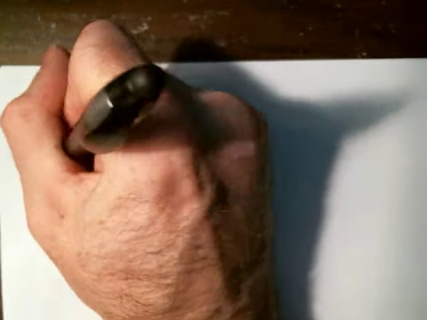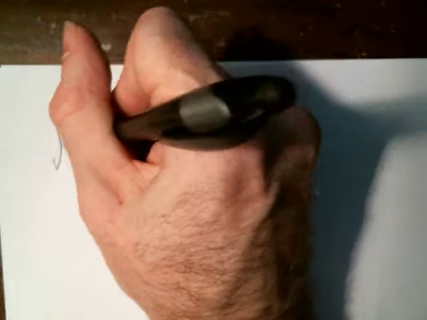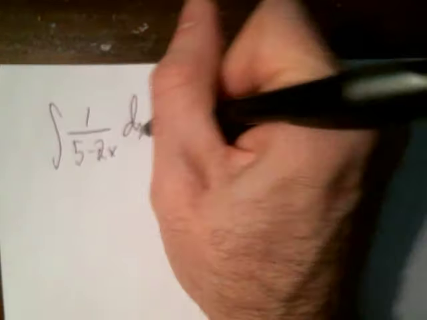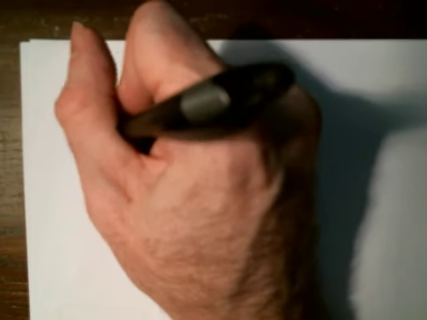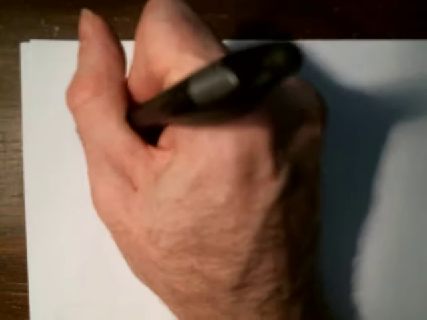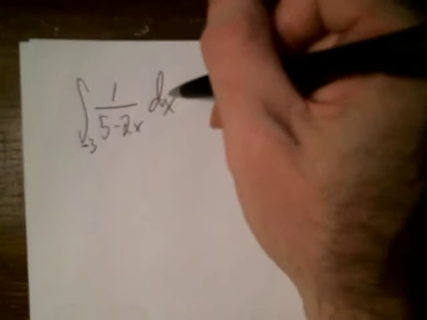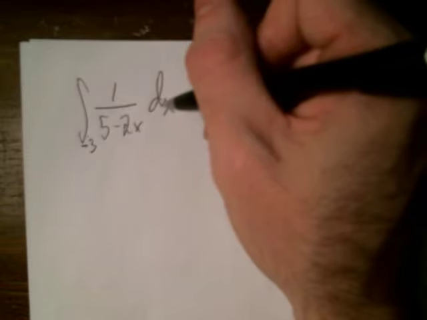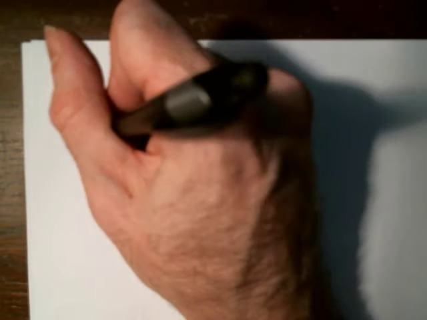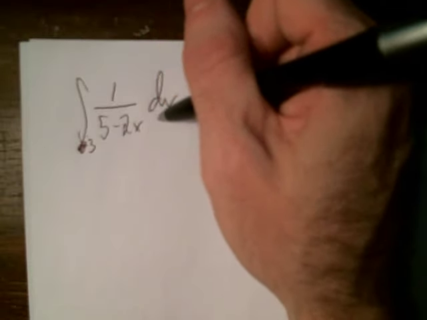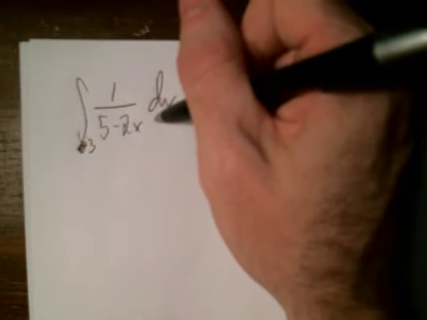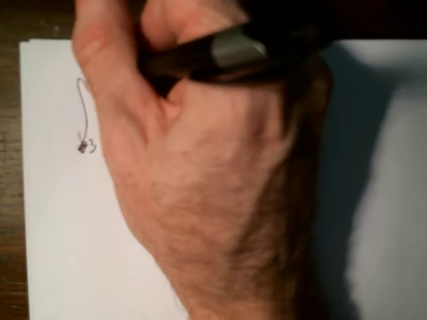So let's look at the integral of 1 all over 5 minus 2x dx from, I don't know, 3 to, sorry, it's taking me a second, I'm going to make this up, 3 to, I don't know, 4.